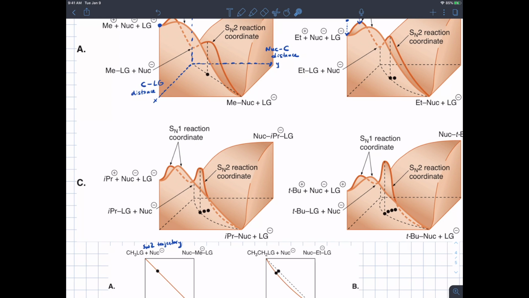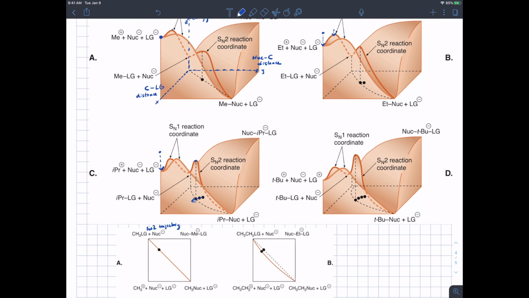But again, notice what pulling down on this corner of our diagram does. It tends to pull the SN2 transition state toward that corner. So when we get all the way to the tertiary carbocation, in 351 we're taught that SN2 doesn't happen. It's an SN1 reaction.